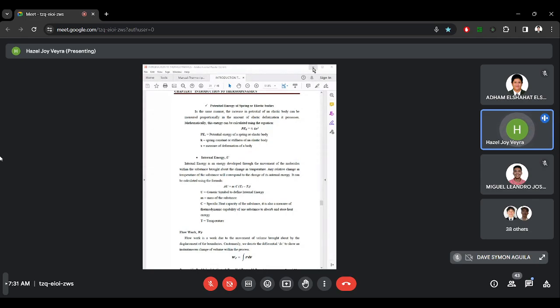So spring constant is the numerical value that a spring contains. You have a spring, and the spring constant is the value of the stiffness of the spring, where some springs can be easily compressed, or some springs have their own property wherein a certain amount of force or a certain amount of pressure is required before the spring moves.